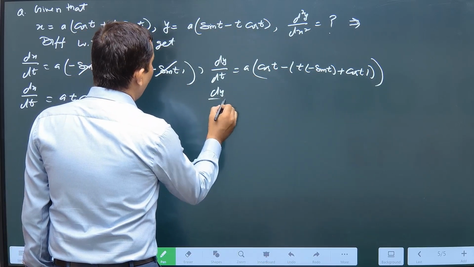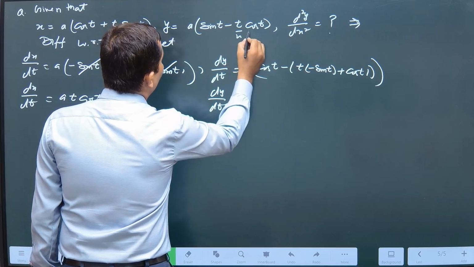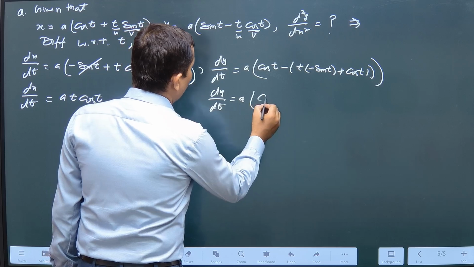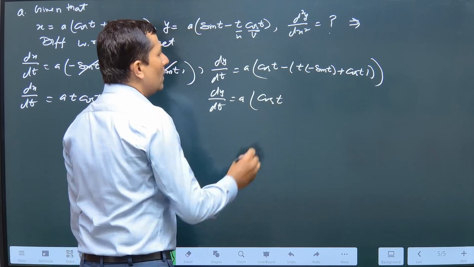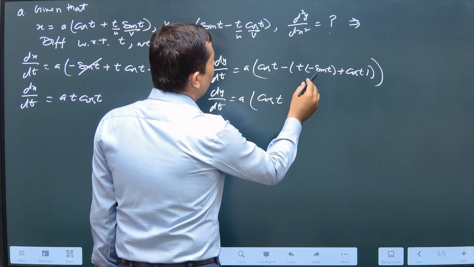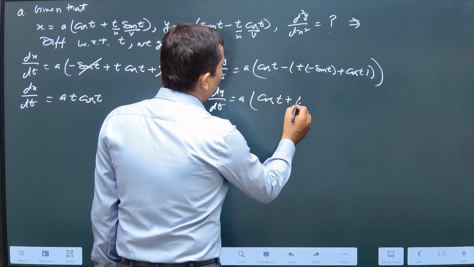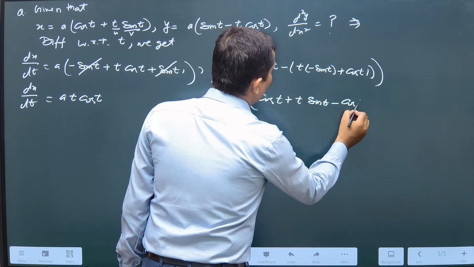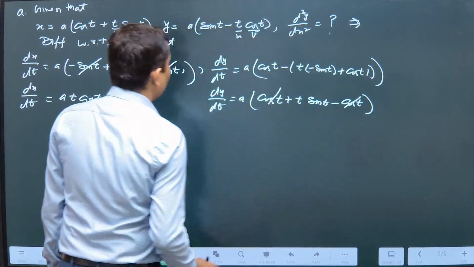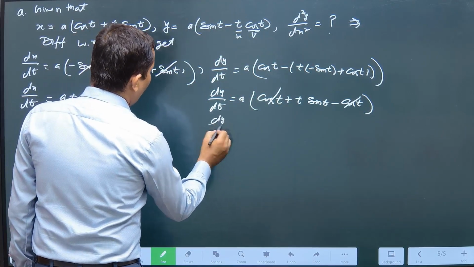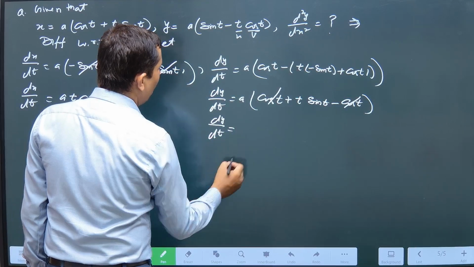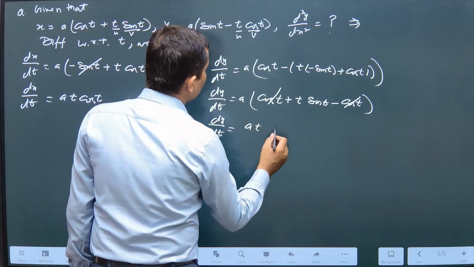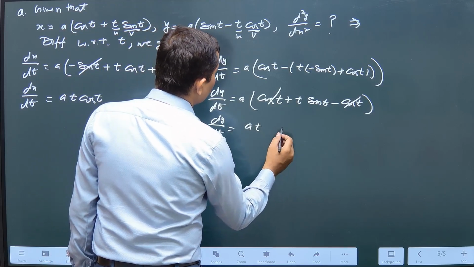Derivative dy upon dt, this is your u, this is your v, product rule, is equal to a(cos t minus t sin t minus plus t sin t minus cos t). dy upon dt is equal to at sin t.